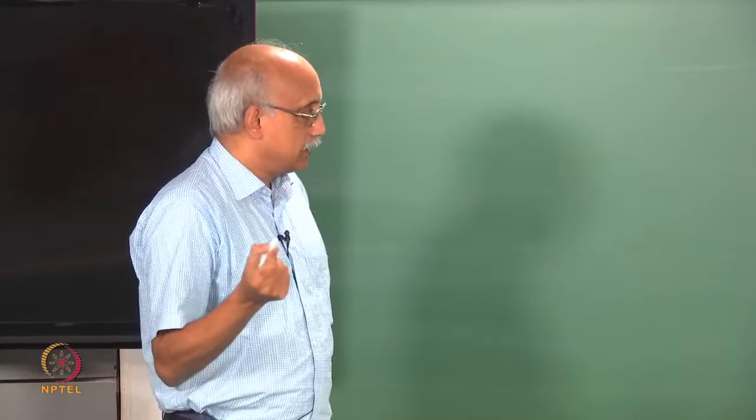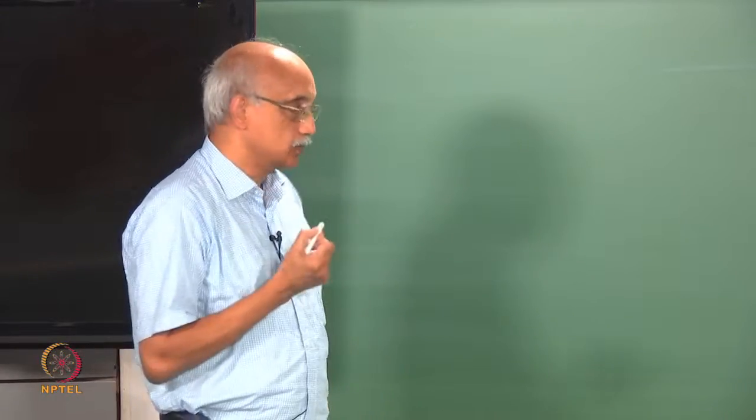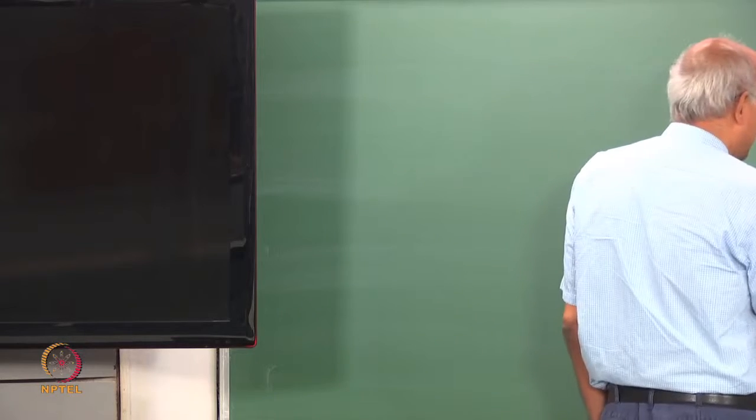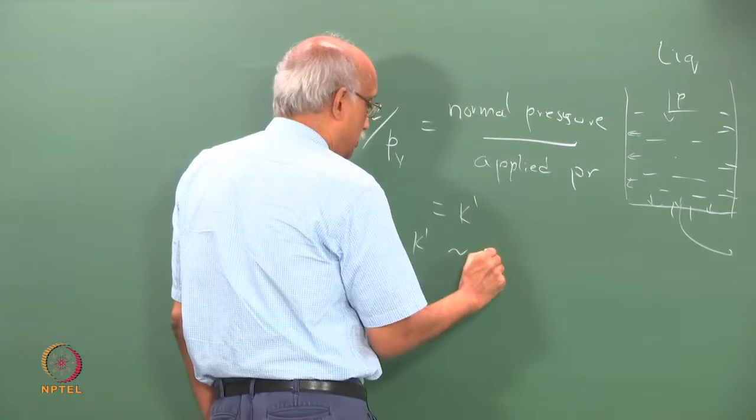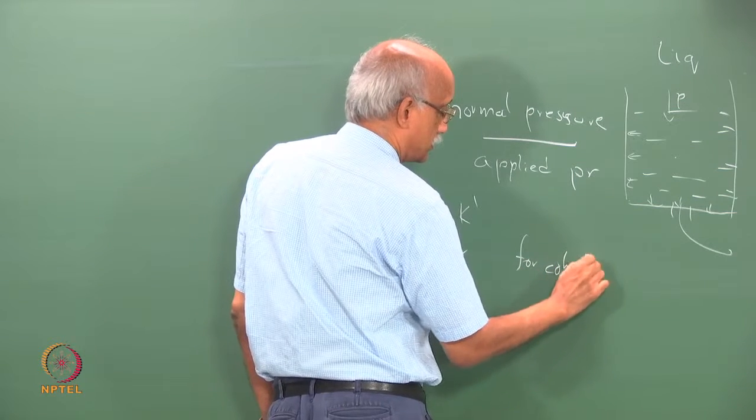As I said, the pressure in a normal direction is at a minimum compared to the applied pressure. In fact, K prime is approximately equal to, for a cohesive solid.